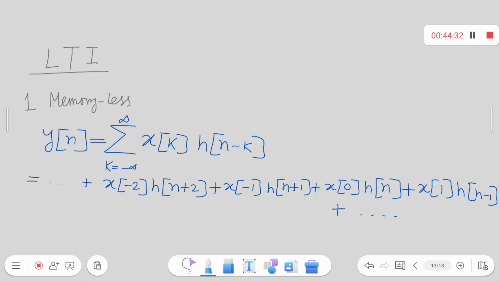Now the thing is that the output y of n will depend only on x of n. Or in other words, I can also change it to some extent. For example, instead of writing in that particular fashion, I can also write it as the sum from minus to plus infinity of h of k x of n minus k.